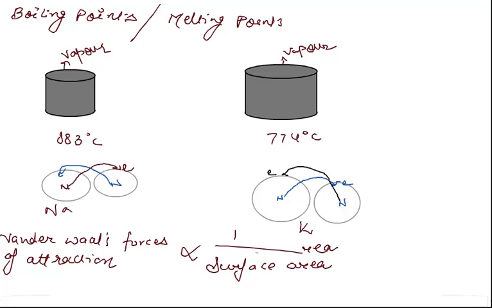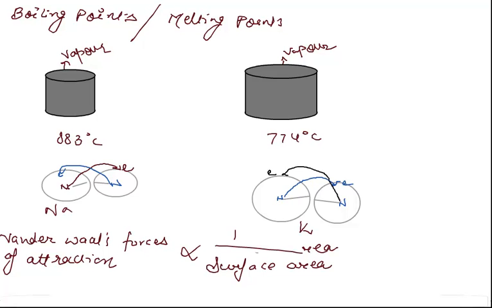So what happens? The farther is the electron, the less will be the force. Now in this case, say this nucleus is far away from the valence shell because the distance is more. Here the nucleus and the outermost distance is more, whereas in this case, the nucleus and the outermost distance is less.